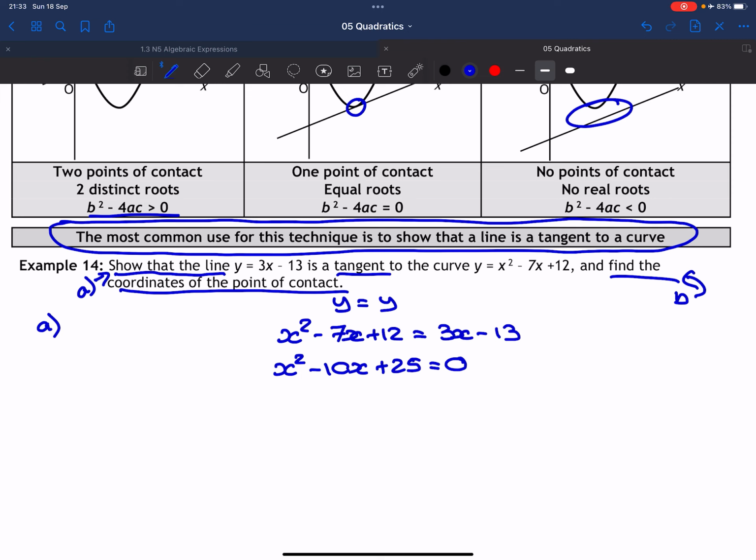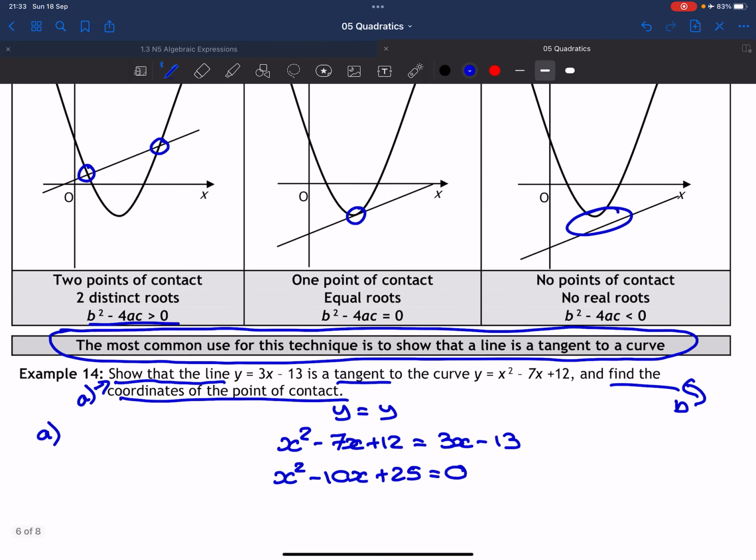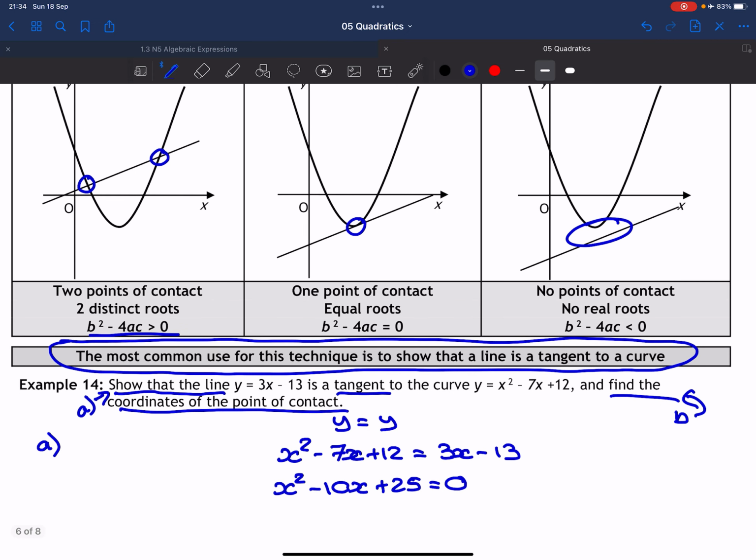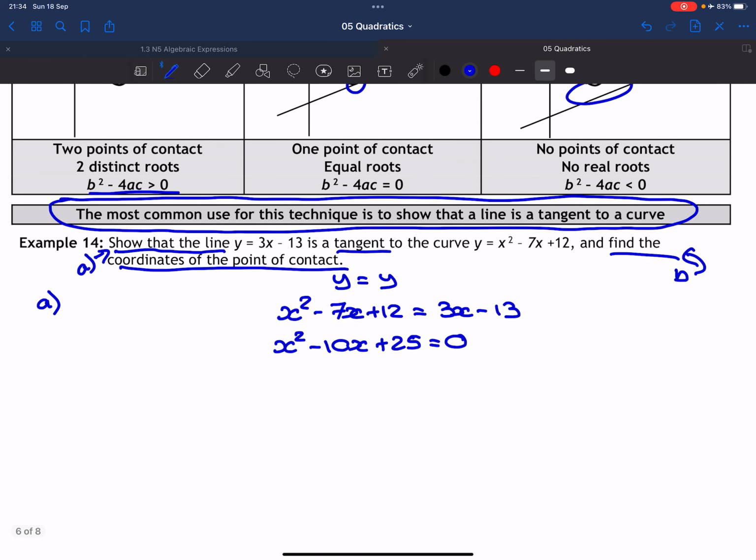I can do this by factorising this quadratic, and if I get equal roots, because this is what happens whenever tangency occurs, then that alone is proof that it is a tangent. So we'll go ahead and factorise. 1 times 25 is 25, so I want two numbers that multiply to give 25 but add to give negative 10.